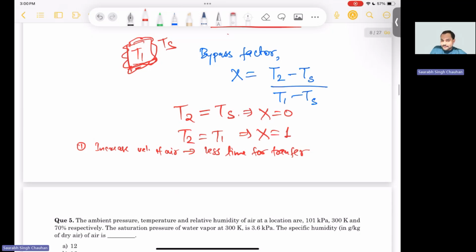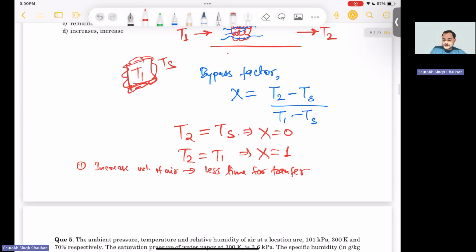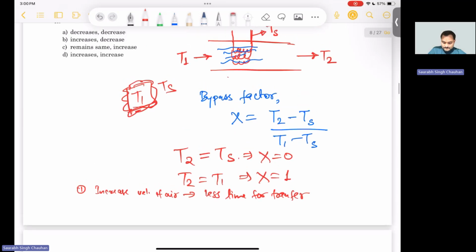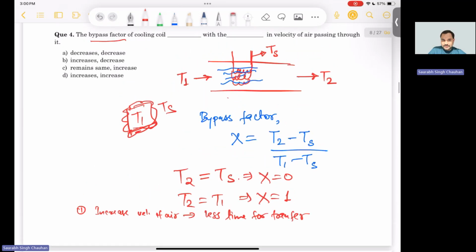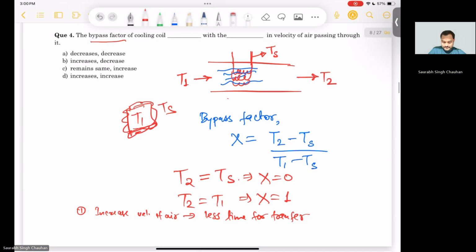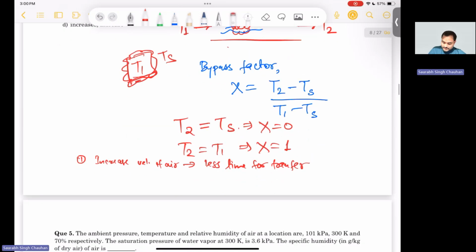So because of less time of heat transfer, there will be less heat transfer, and bypass factor will be more, right? So there will be more loss of heating or cooling, okay? So this means less heat transfer.